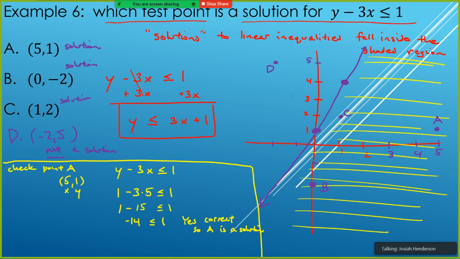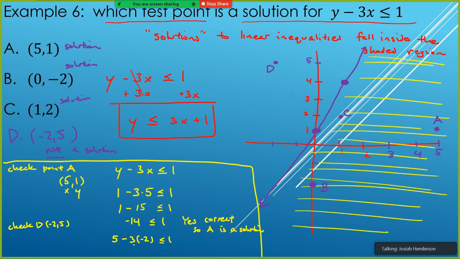Let's check point D, the one that visually is not shaded. So checking point D now, I'm going to do it in the box. I know I'm running out of space, sorry. That's negative 2, 5. Plug it into the inequality. So 5 is my y, so it's 5 minus 3 times negative 2. Okay, so this turns into negative times negative.